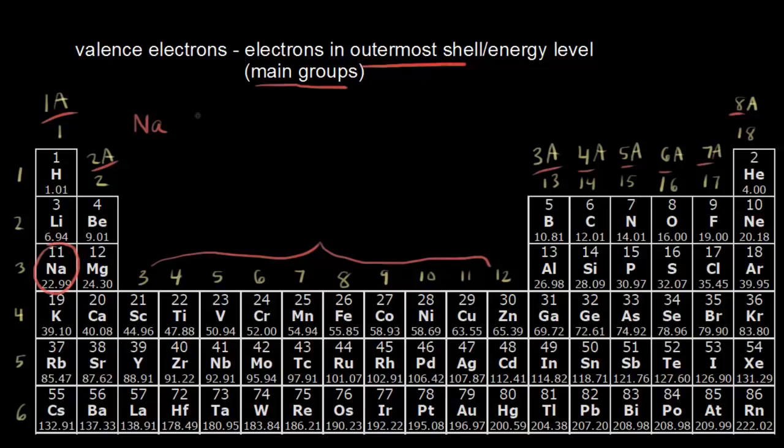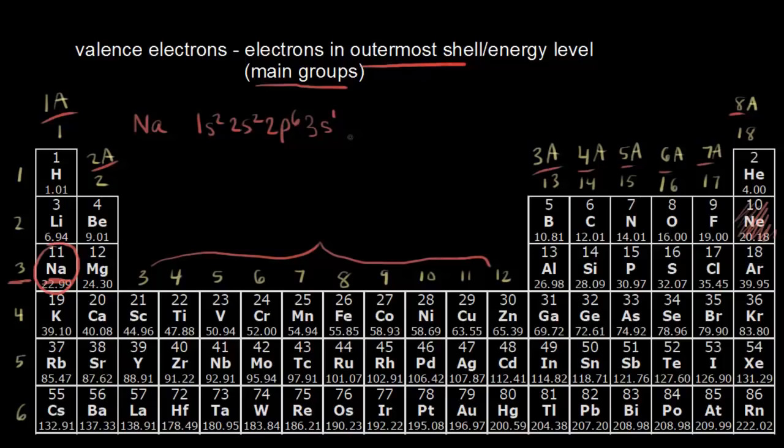You would say it is 1s2, 2s2, 2p6, and that takes you all the way over here to neon. Then that brings you to the third period, or the third energy level, and you have one more electron to worry about, and that electron would go into a 3s orbital. So the full electron configuration is 1s2, 2s2, 2p6, and 3s1.